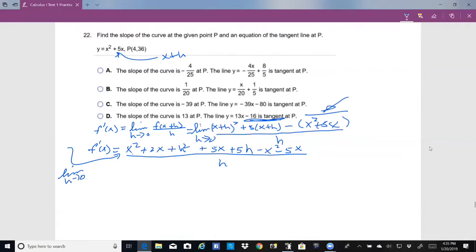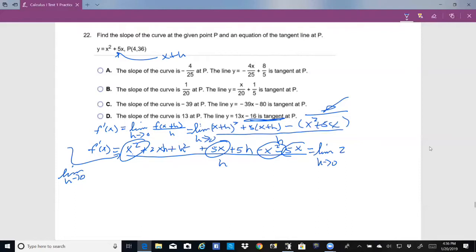So let's calculate this. Notice the x squared and the minus x squared cancel out. The plus 5x and the minus 5x cancel out, and we get the limit as h approaches 0 of, by the way, this is 2xh, the cross term.